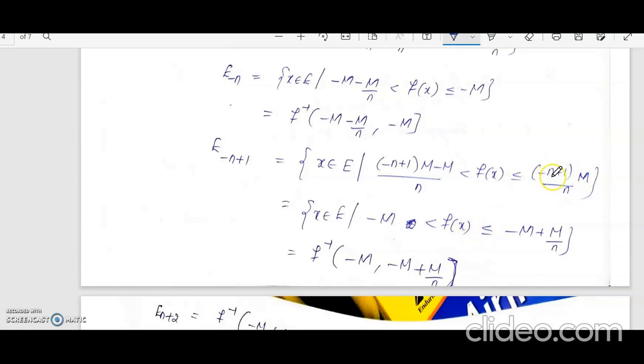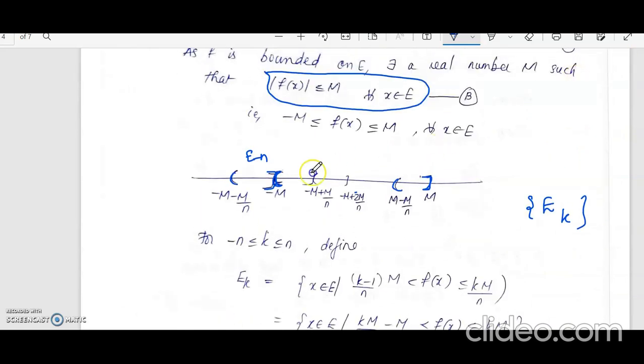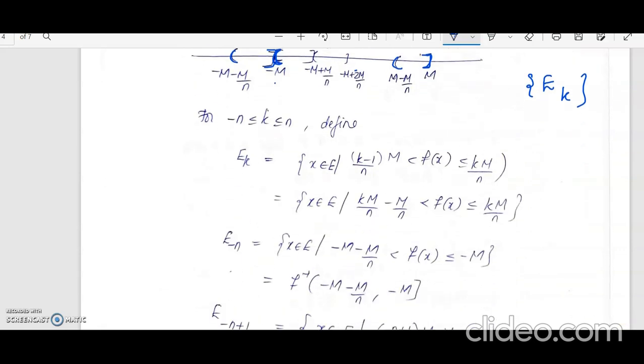On the right side we will have (-n+1)m/n, so this will be -m + m/n. So this is the next interval. E minus n plus 1 is this, and this is E minus n plus 2. So on, the last interval will be En.